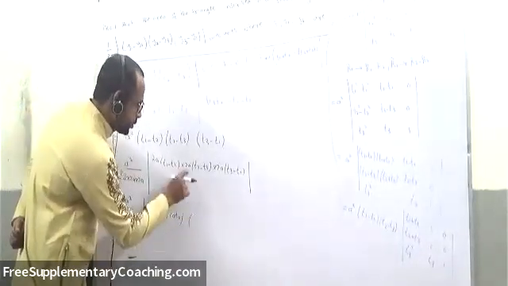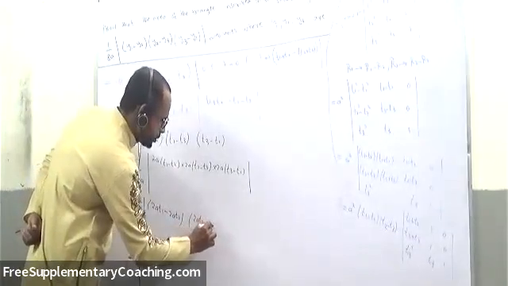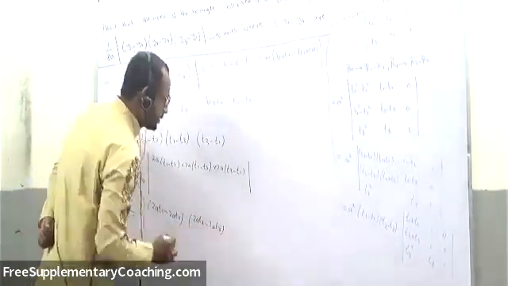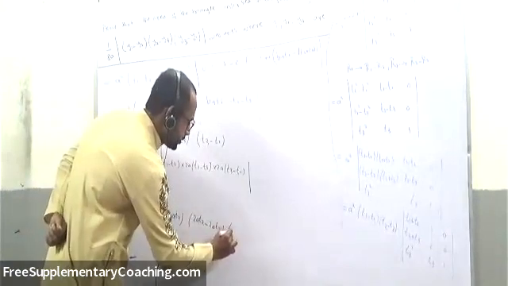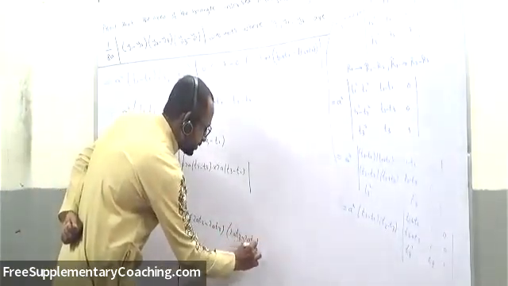Here 2a T2 minus 2a T3. Again here 2a T3 minus 2a T1.